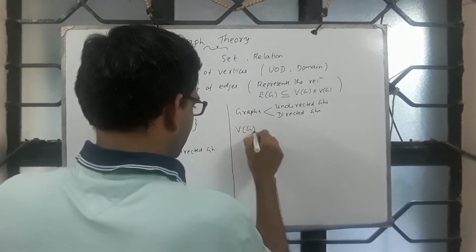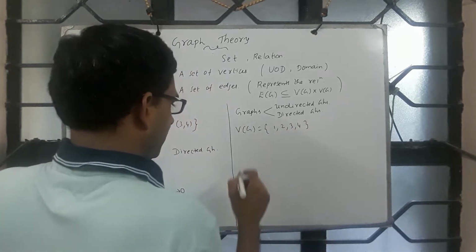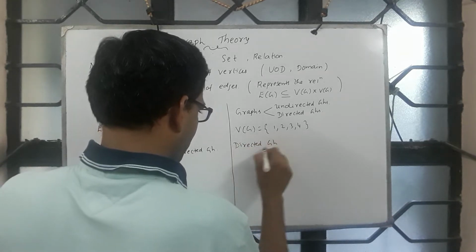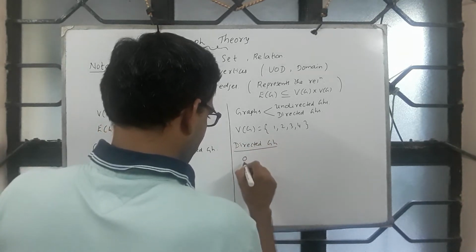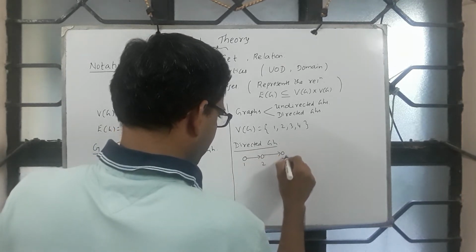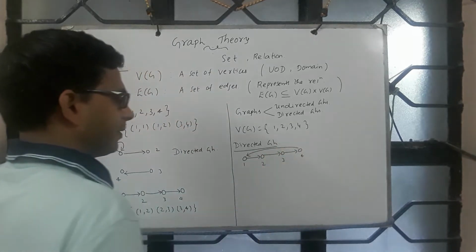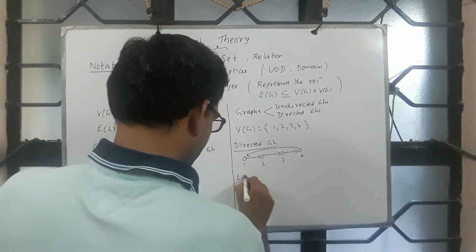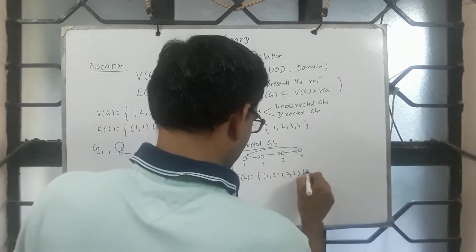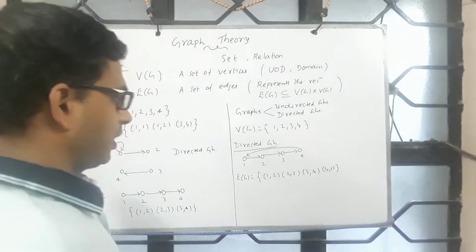Suppose the vertex set is 1, 2, 3, 4, and I am defining a directed graph, meaning 1 to 2, 2 to 3, 3 to 4 and 4 to 1. The underlying relation is precisely (1,2), (2,3), (3,4), (4,1).